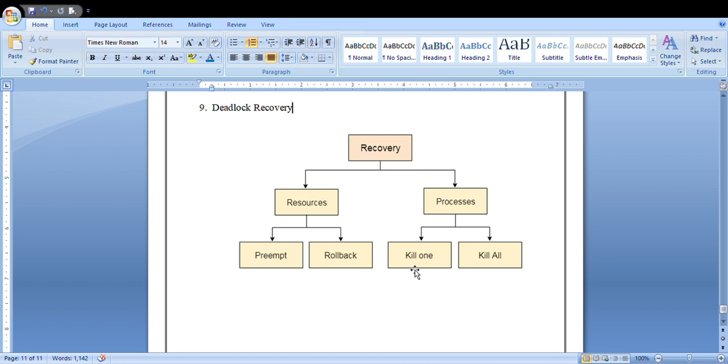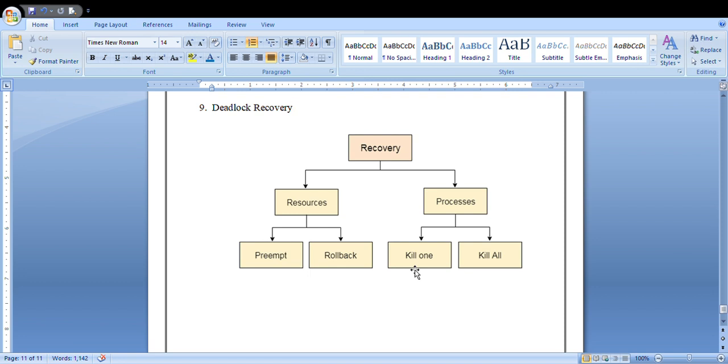If you want to execute again from that particular state, it should be noted from where it has been shifted back. Then if you want to restart from that step, the operating system can easily restart the execution from that point. So that is one thing about rollback. That is one method in deadlock recovery.